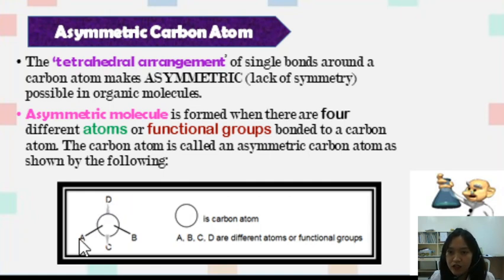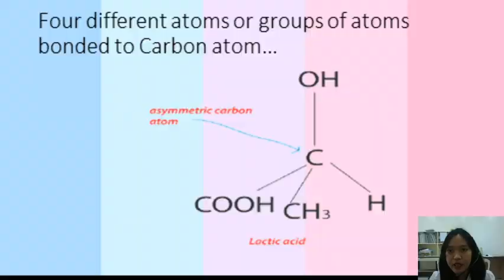You have functional group A, functional group B, functional group C, and functional group D. So that means this carbon atom is an asymmetric carbon atom because the functional groups in it are 4 different groups. Okay. So, 4 different atoms or groups of atoms bonded to a carbon atom.